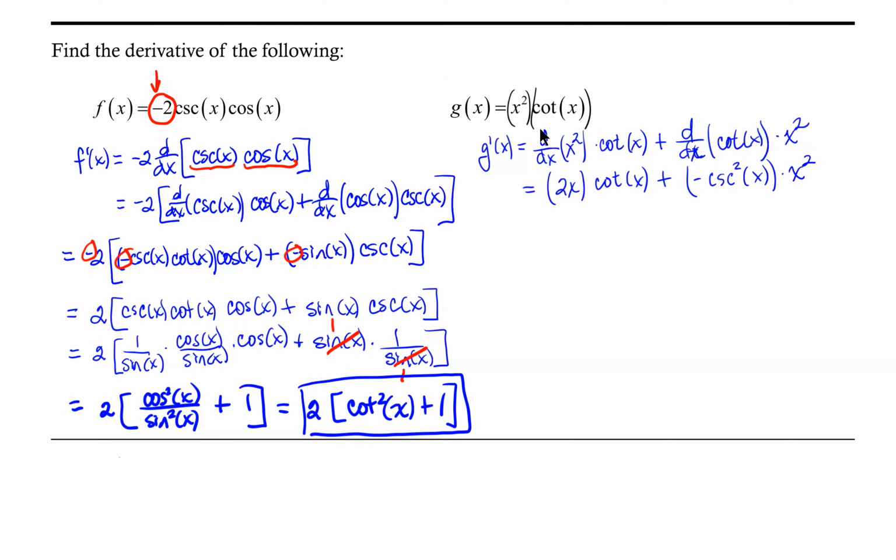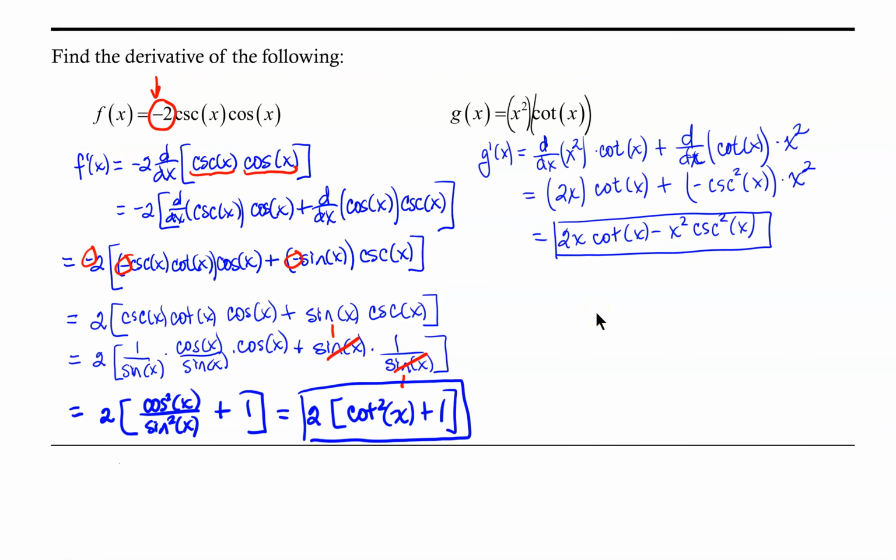Now, as we look at this, there really isn't a whole lot that we can do to simplify, other than maybe write this as 2x cotangent of x minus x squared cosecant squared of x. And that would be the derivative of our function g of x. I hope this is helpful.